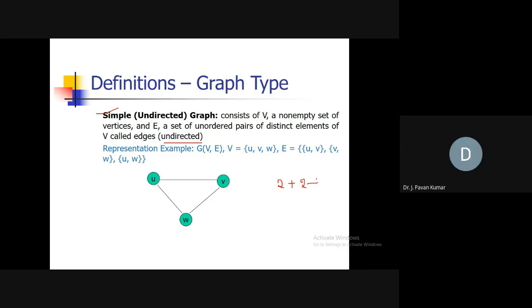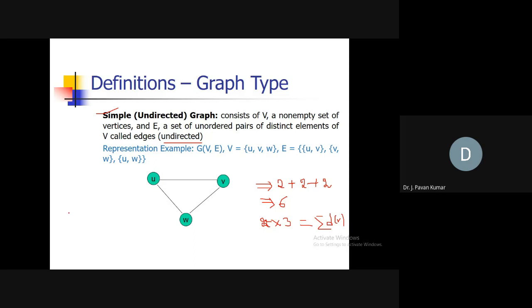What's the degree of w? 2. The summation of these all will be 6. And how many edges do we have in total? 3, sir. So 2 times the number of edges is the summation of degrees of all the vertices.